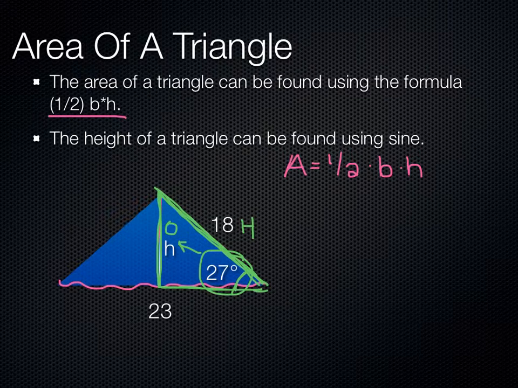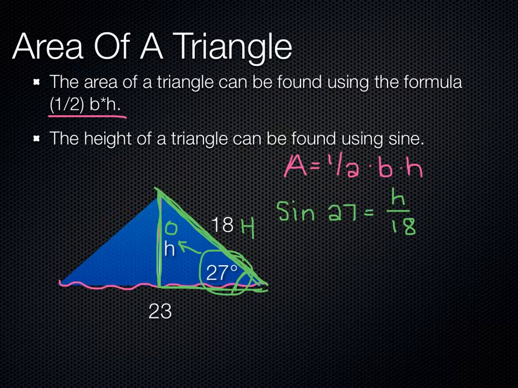So O and H, that leads us to sine. Okay, so I could write a sine ratio. Sine 27 equals, and it'd be opposite over hypotenuse, so that would be h over 18.